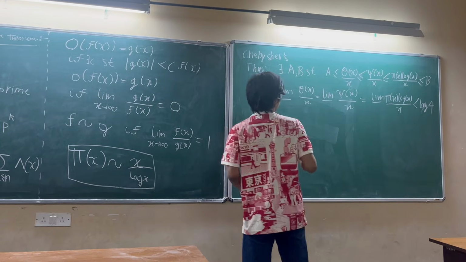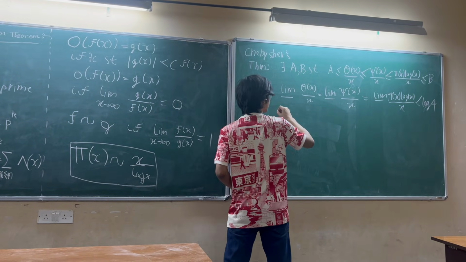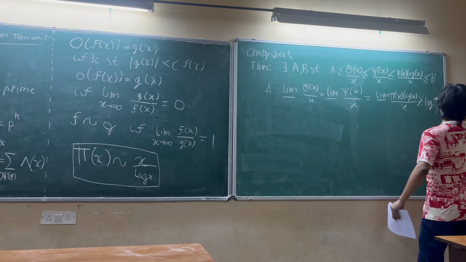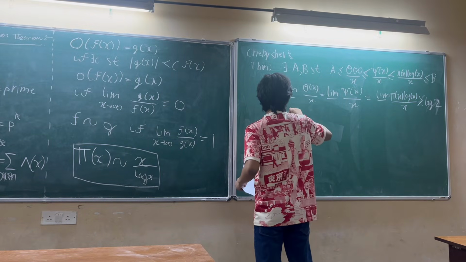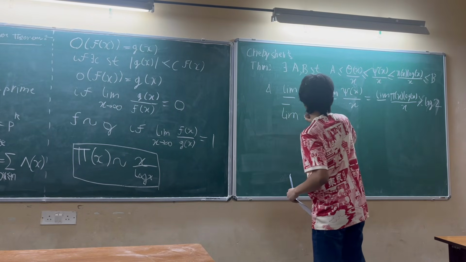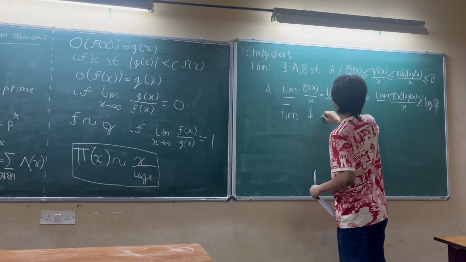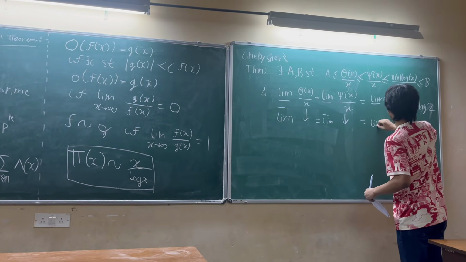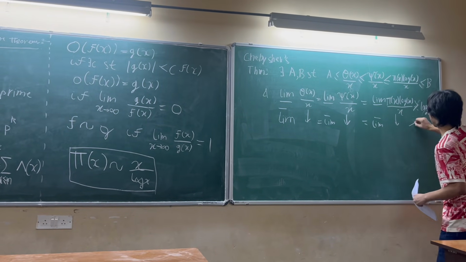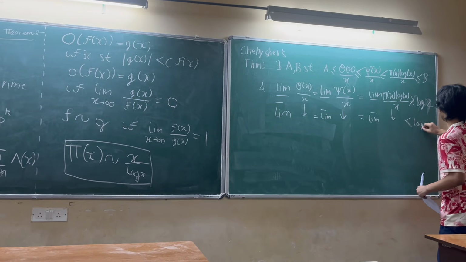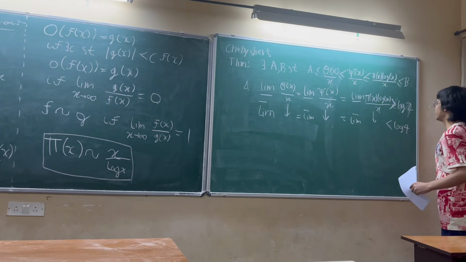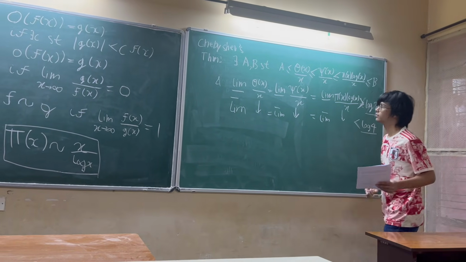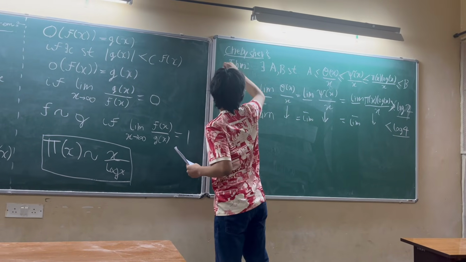Similarly, I can make a similar statement considering limit supremum. The limit supremum of each of these is the same, and is bounded above by log 4. So the limit infima are bounded below by log 2 and the limit suprema are bounded above by log 4. This is what Chebyshev's theorem tells us.